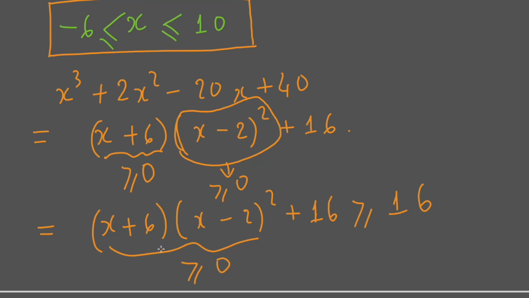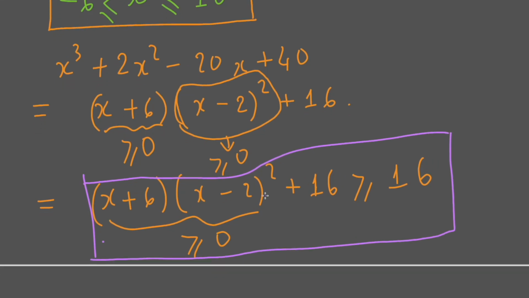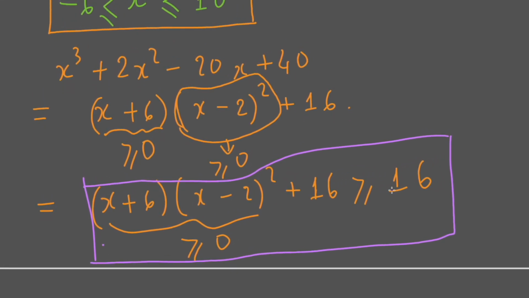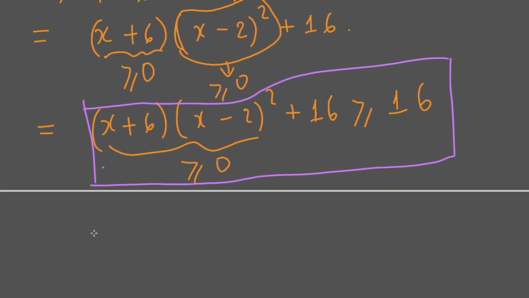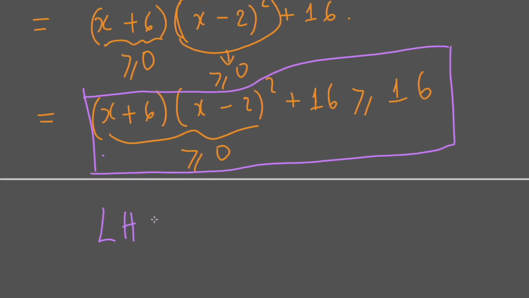The equality happens when x equals negative 6 or x equals 2. So when this is greater or equal than 16, the left hand side is greater or equal than the square root of 16, which is 4.